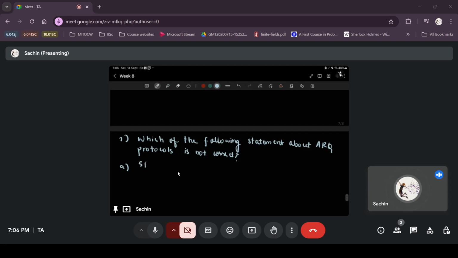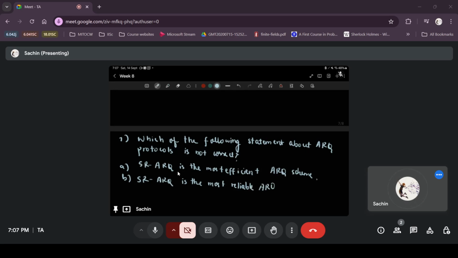First statement, SR ARQ is the most efficient ARQ scheme. That is a true statement. Second statement, SR-ARQ is the most reliable ARQ scheme.